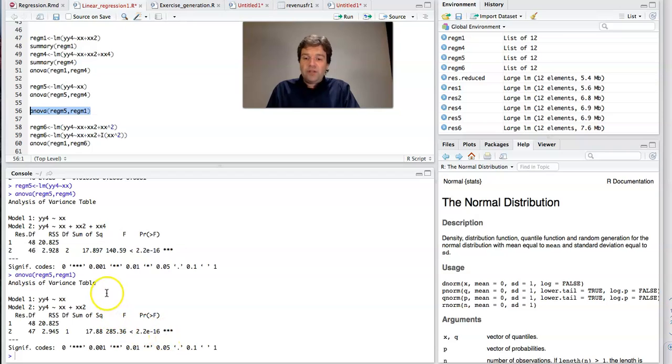That means that it's important to increase the reduced model to get the full model. That is for this partial F-test. The question is: is it interesting to add information coming from another variable?